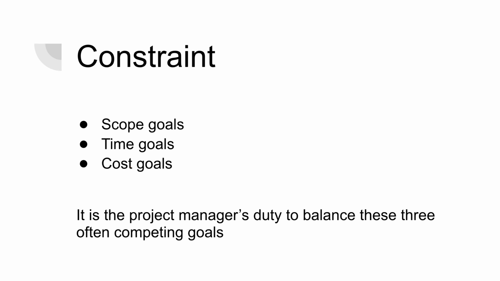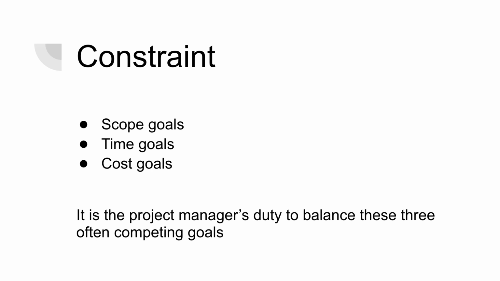So it will affect the cost as well. You can see that the goals of these three constraints are going to differ based on what we are trying to achieve.